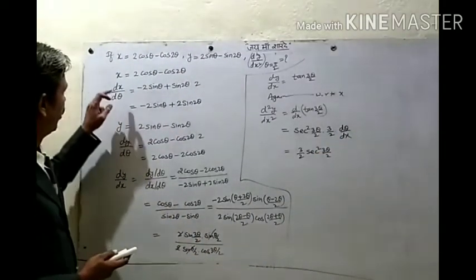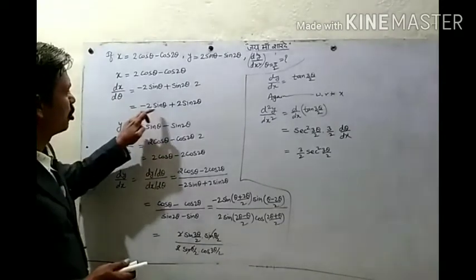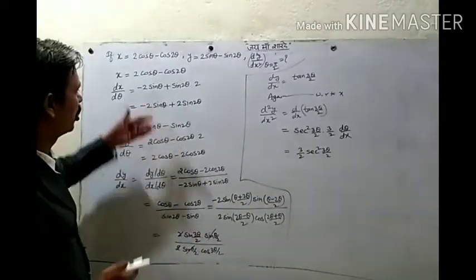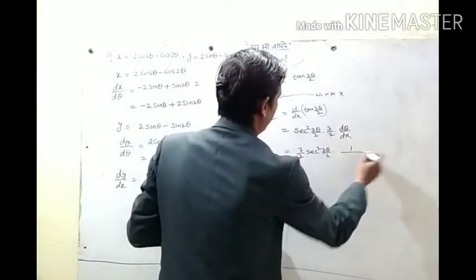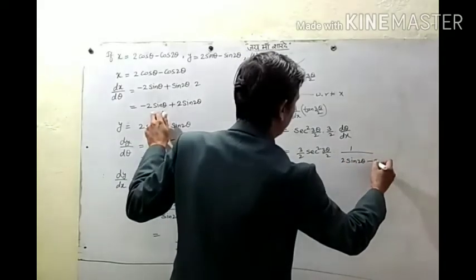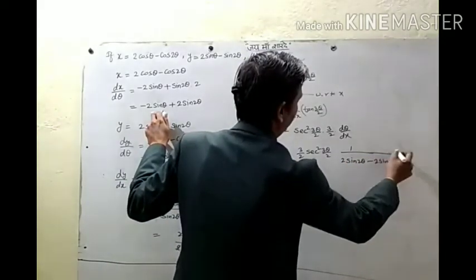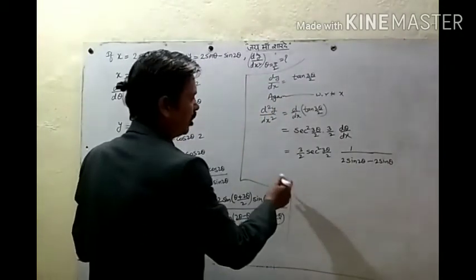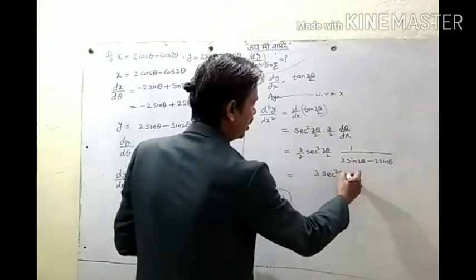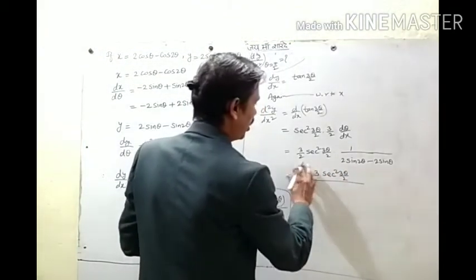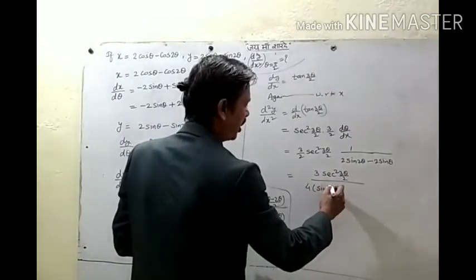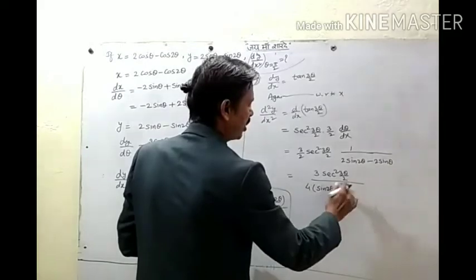Here we have the value of dx by d theta as minus 2 sin theta plus 2 sin 2 theta. So the value of d theta by dx will be its reciprocal, meaning 1 upon 2 sin 2 theta minus 2 sin theta. Now it is equal to 3 sec square 3 theta by 2 divided by, if you take 2 common, 4 times sin 2 theta minus sin theta.